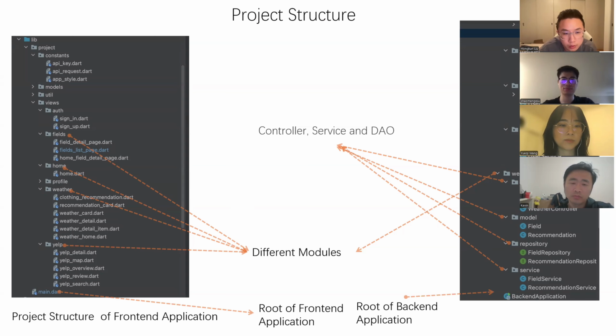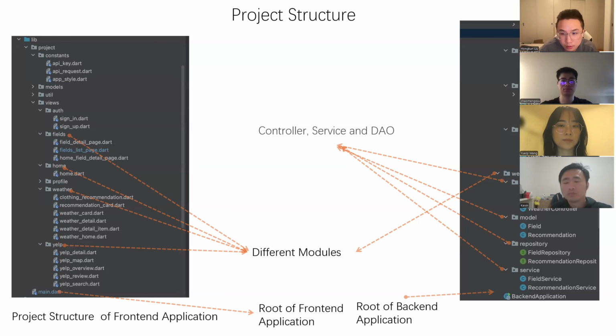So each module is a specific aspect of our application. There are many reasons for separation. One of the main reasons is for the convenience of management. We want to minimize the possibility of conflicts when we want to merge code from other developers.